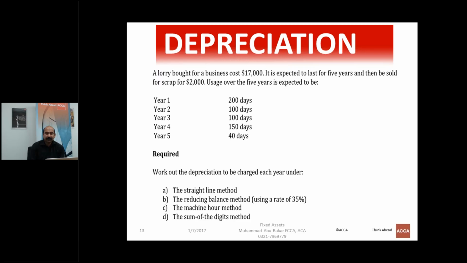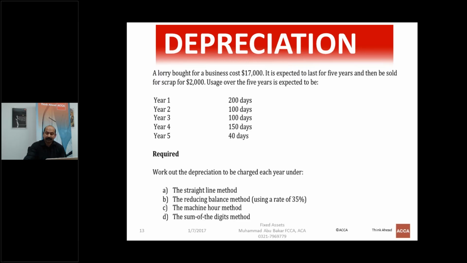Usage over the 5 years is expected to be year 1, 200 days, year 2, 100 days, year 3, 100 days, year 4, 150 days, and year 5, 40 days. Work out the depreciation to be charged each year under the straight line method, the reducing balance method using a rate of 35%, machine hour method, and sum of digits method. Straight line method, quickly, please.